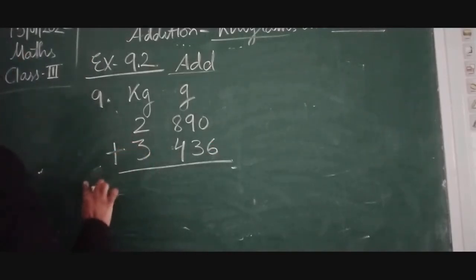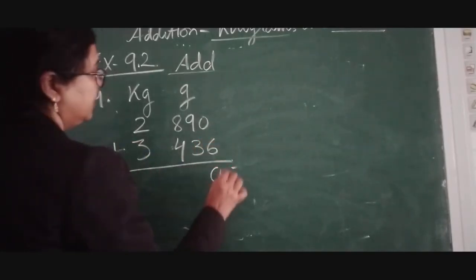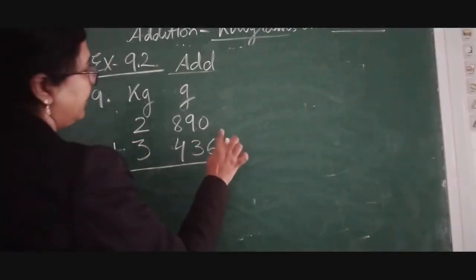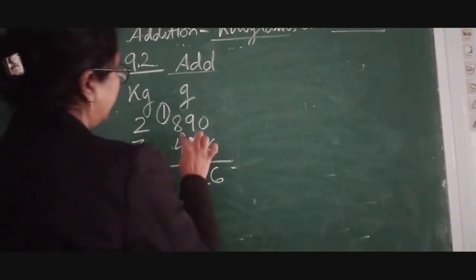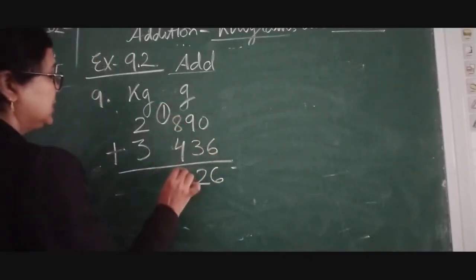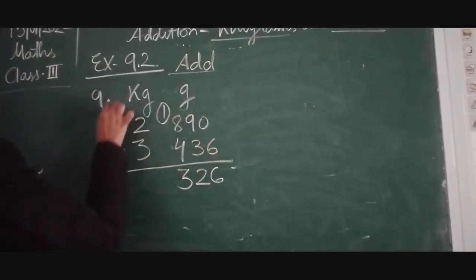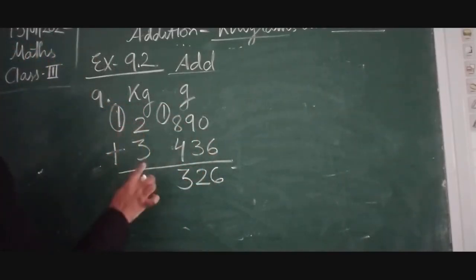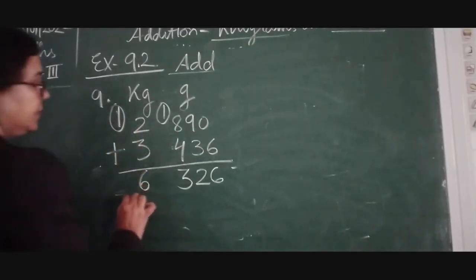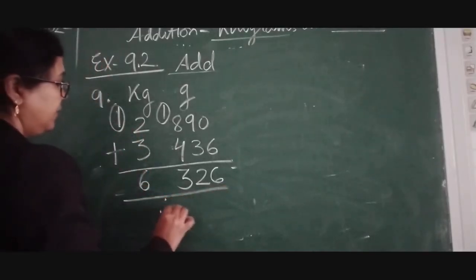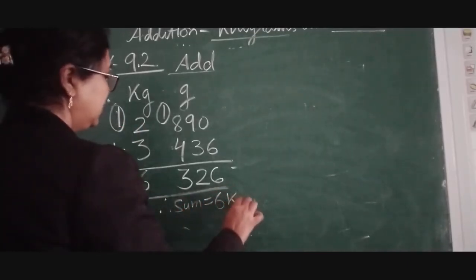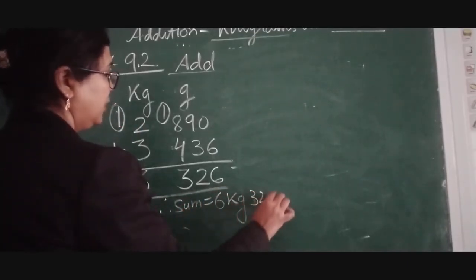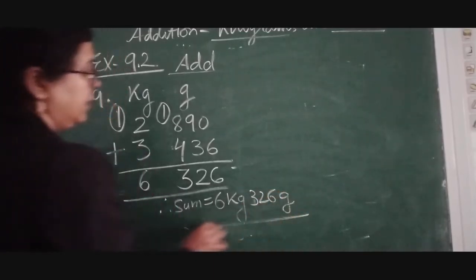Just add it. 6, 9 and 3, 10, 11, 12. 1 is carryover. 8 and 4, 9, 10, 11, 12. This is 13. 1 is carryover. 3 and 2 is 5 and 1 is 6. So children, therefore sum equal to 6 kg and 326 gram.